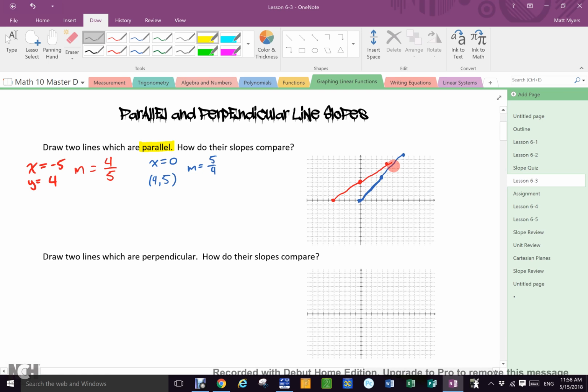So if I put a third line on here at y equals -4 and x equals 5, 1, 2, 3, 4, 5, and down 1, 2, 3, 4. There's my green line, which is going to show up in a second.